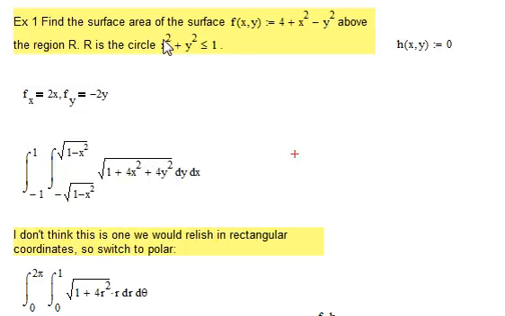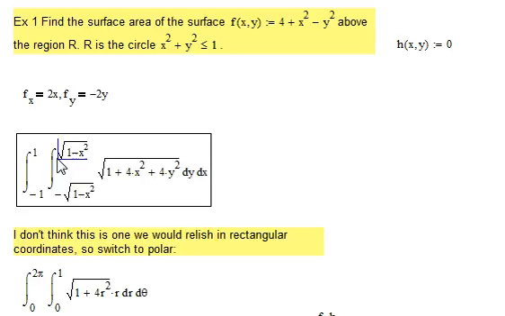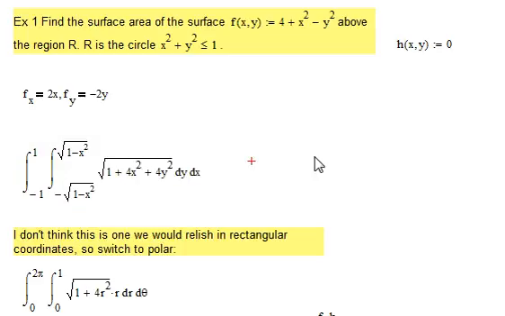Our region R, this semicircle, has y limits from negative square root of 1 minus x squared to positive square root of 1 minus x squared, x going from negative 1 to 1. Now I don't know if you can see, that would describe it, but that, ladies and gentlemen, is a bear. That's a nasty one. We wouldn't want to try to integrate like this with respect to y.